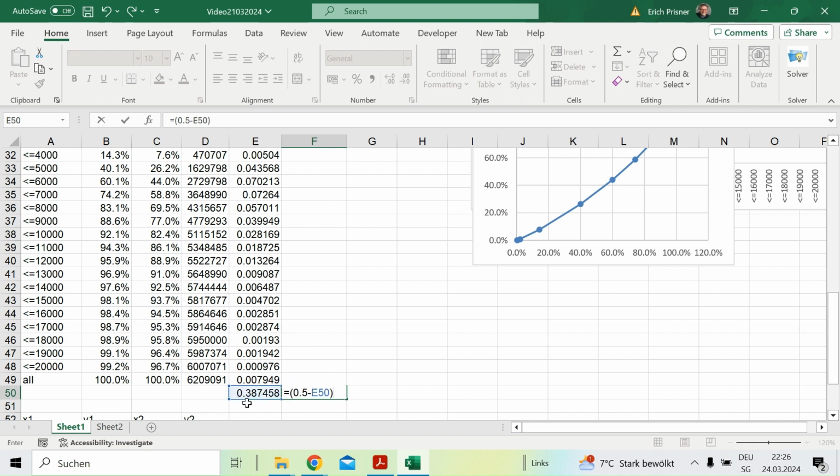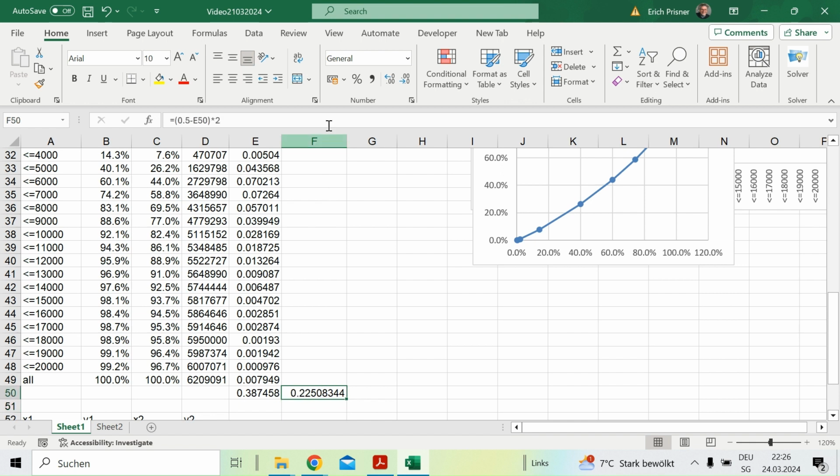This is the area between diagonal and Lorenz curve, but keep in mind Gini index is twice the area between diagonal and Lorenz curve. So we are not dividing, we are multiplying by 2. So Gini index is twice the area between these two curves, which is twice times 0.5 minus the area below the Lorenz curve. And here it is.